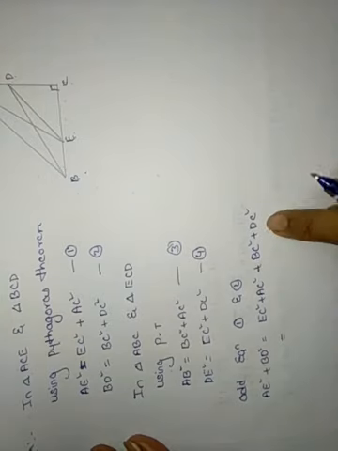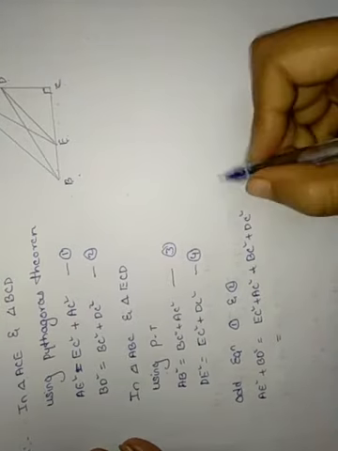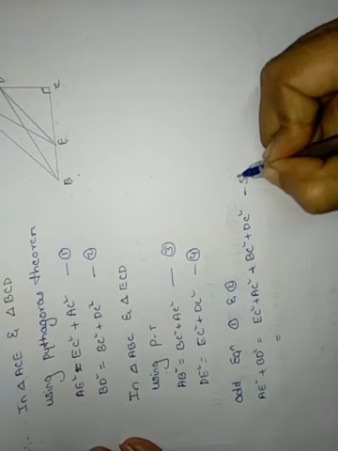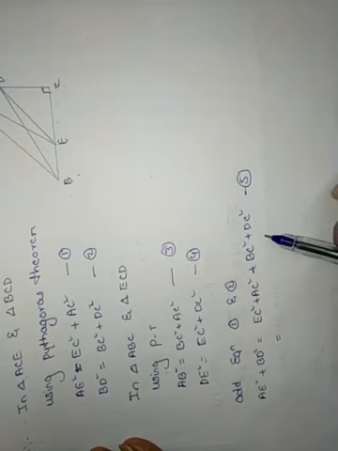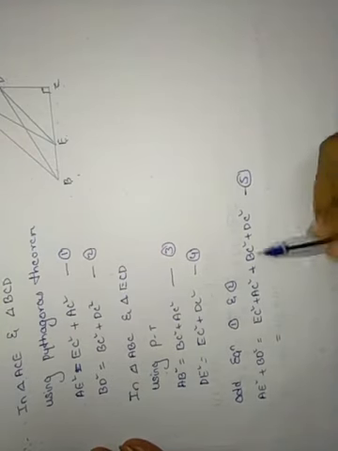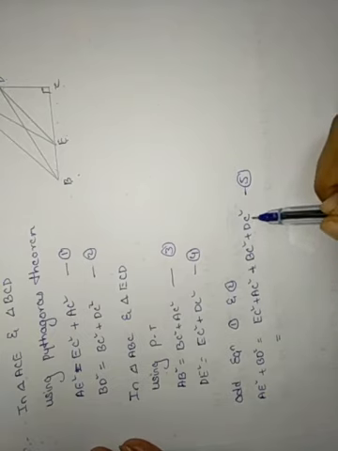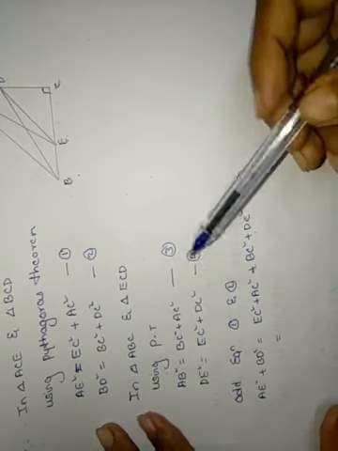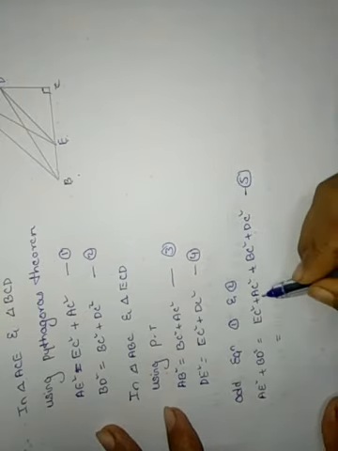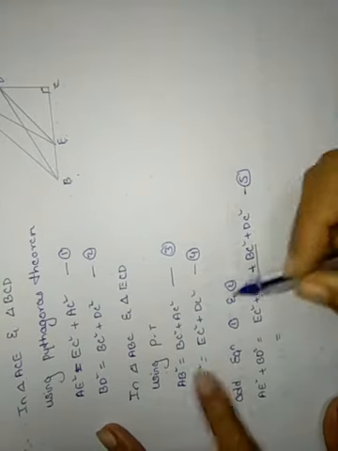You can observe this right hand side; we'll call this equation 5. The right hand side of equation 5 is EC square plus AC square plus BC square plus DC square, right?